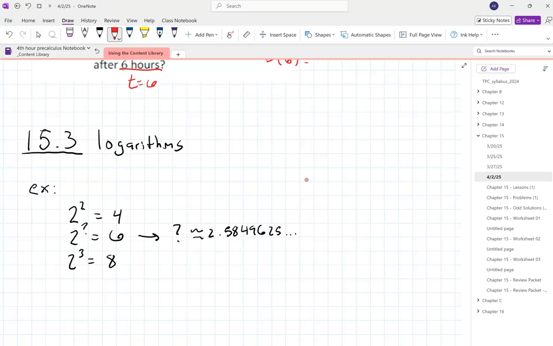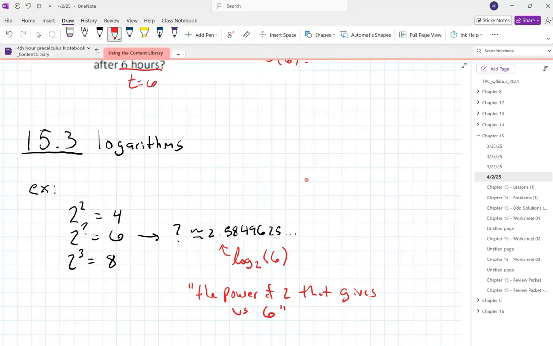So we're gonna give this guy a name. We're gonna call this number log base 2 of 6. Basically, it's telling us the power of 2 that gives us 6.